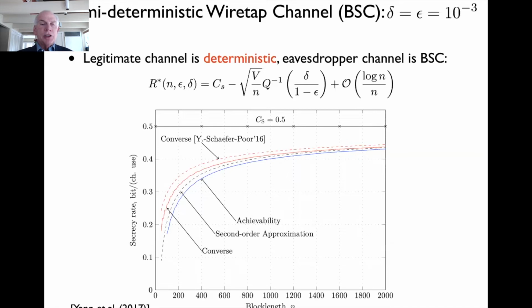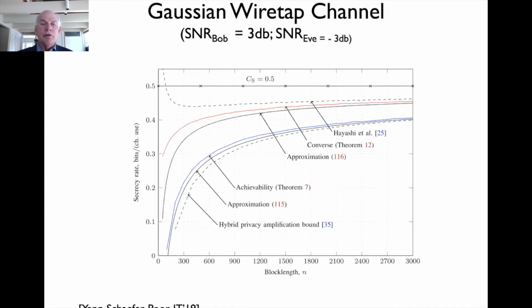And again, you can see we have not quite as tight upper and lower bounds, but we do have converse and achievability bounds that fairly tightly bound the actual non-asymptotic secrecy capacity. And again, there's quite a gap to the Wyner-type secrecy capacity here. And we can do something similar for the Gaussian wiretap channel.